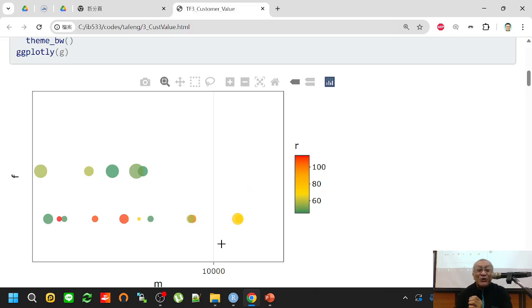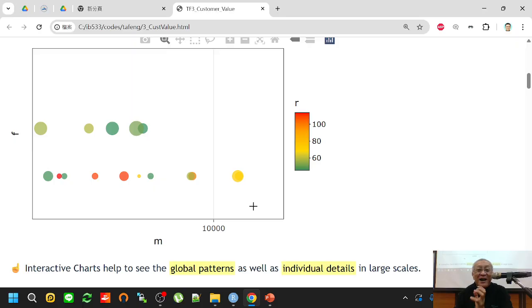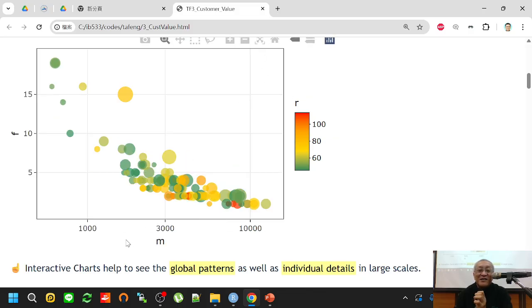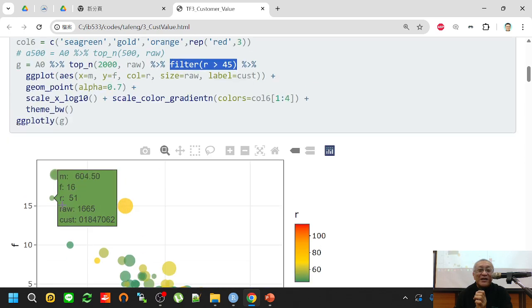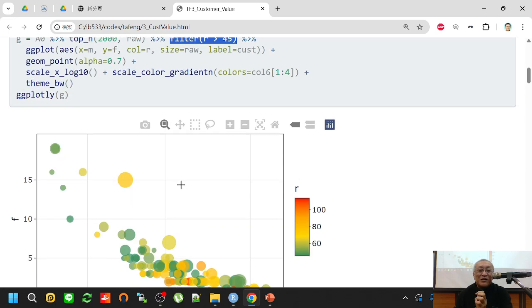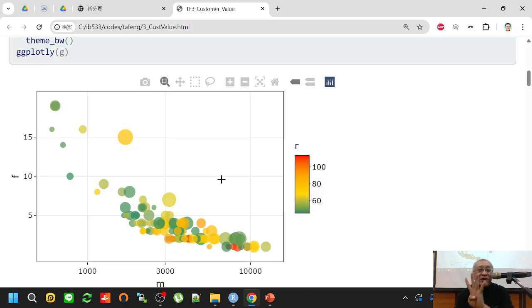So using color, size, and X and Y coordinates, you can observe 4 different attributes for the thing that you want to compare. And right now we are comparing customers, so every point represents a customer.